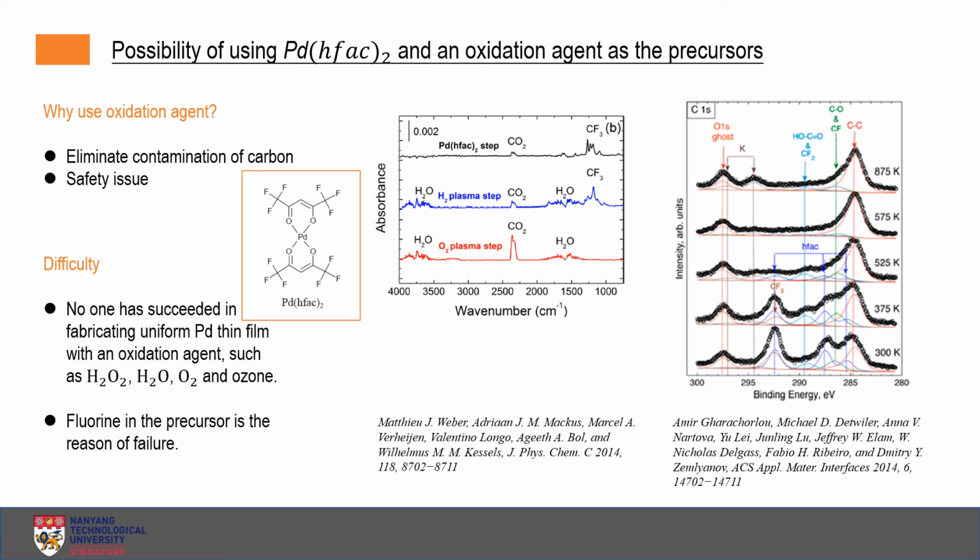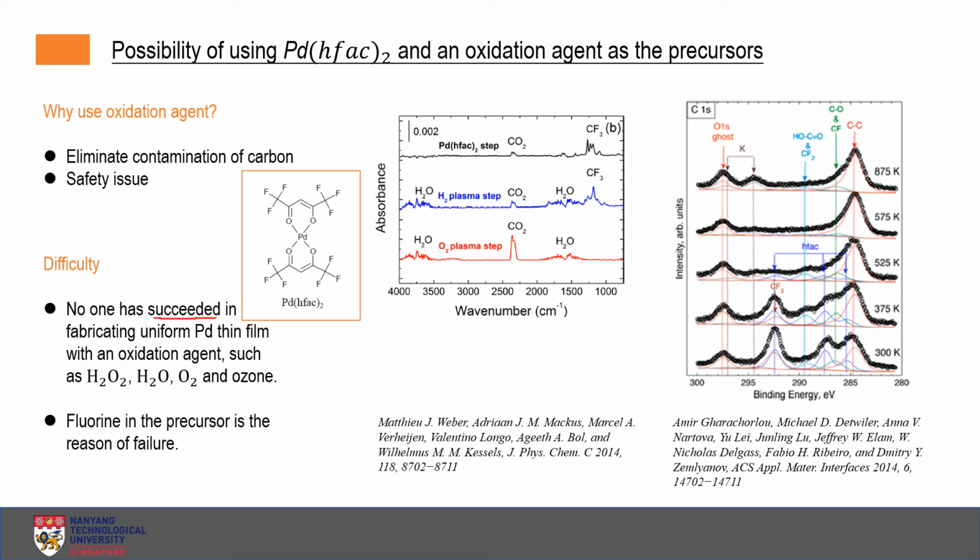But it is also difficult to achieve because first, no one has ever succeeded in fabricating uniform Pd thin films with an oxidation agent such as H2O2, water, oxygen, and ozone. And it was concluded by many other papers that the fluorine in the precursor is the reason of failures.